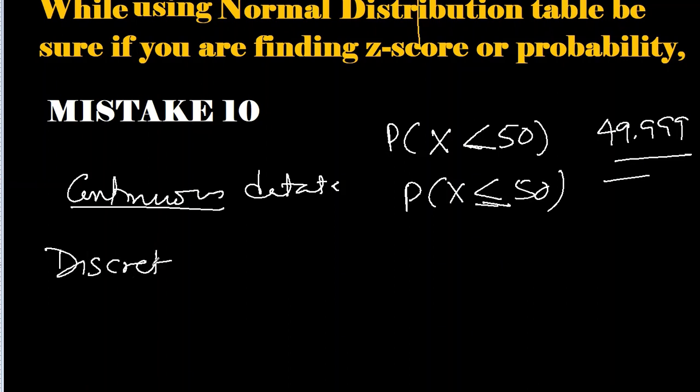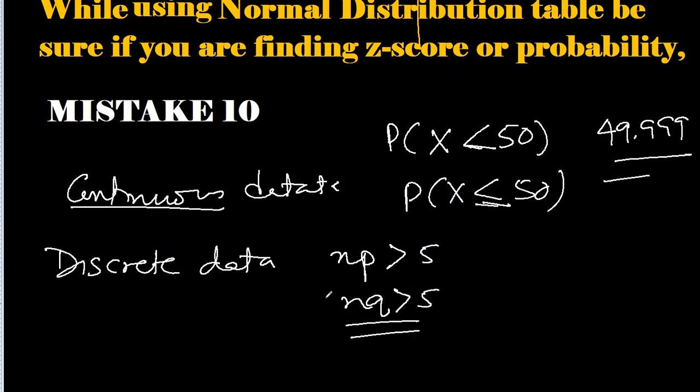But when it comes to discrete data, we use normal distribution in the case where np is greater than 5 and nq is greater than 5. I hope you are aware of this. And it is usually a binomial probability distribution which we approximate with normal distribution in such a case.